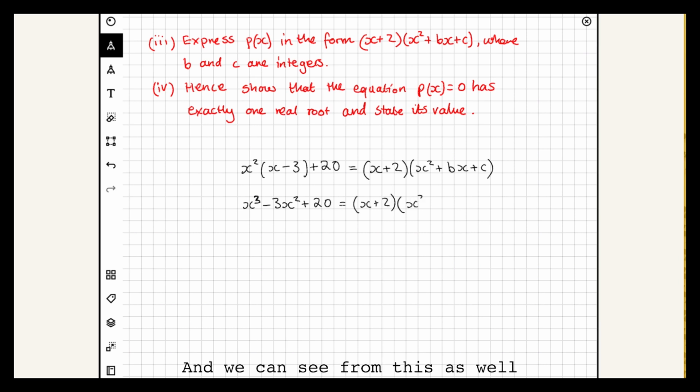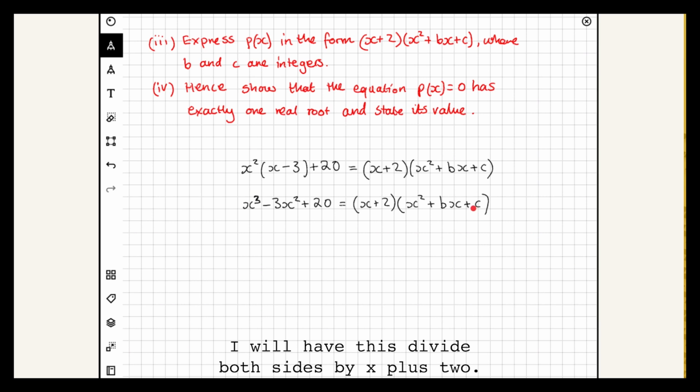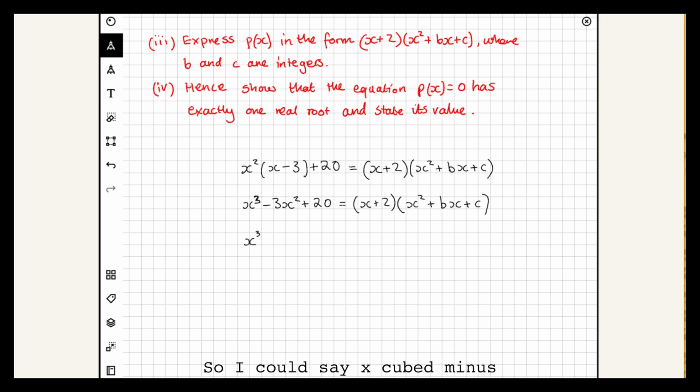And we can see from this as well that if I divide both sides by x plus 2, I will have x cubed minus 3x squared plus 20.